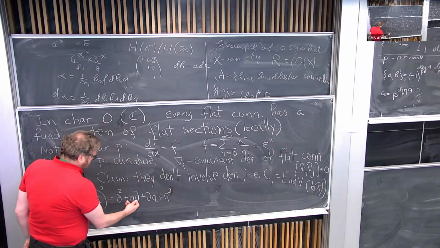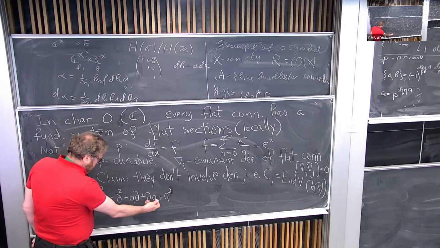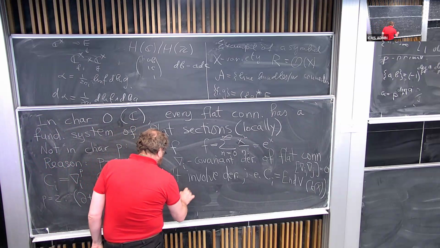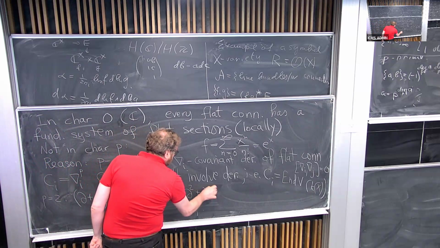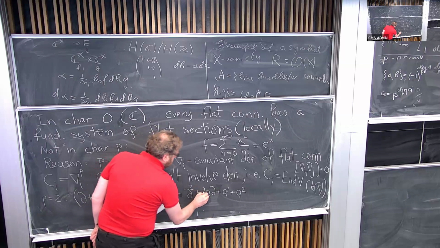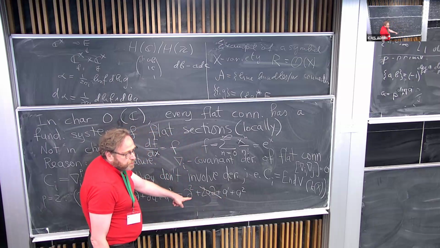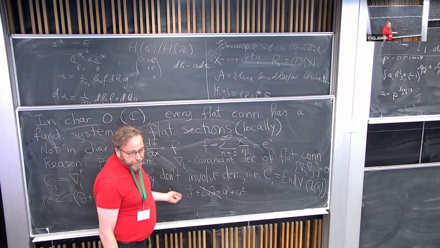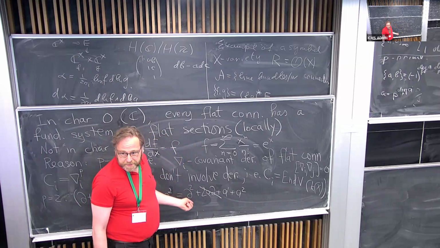And then you can compute this DA: this is AD plus A prime. So this is going to be D squared plus 2AD plus A prime plus A squared. And this goes away because 2 equals 0. And this also goes away because the second derivative of any polynomial in characteristic 2 is 0.